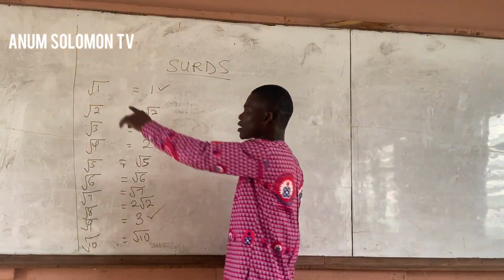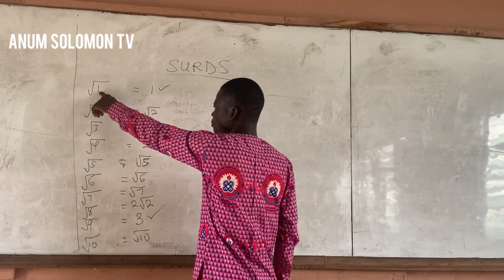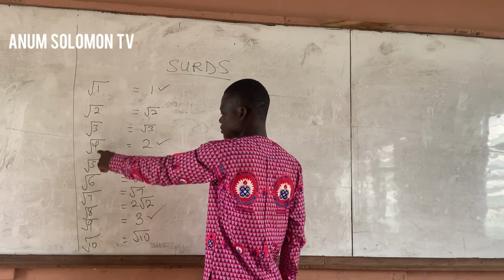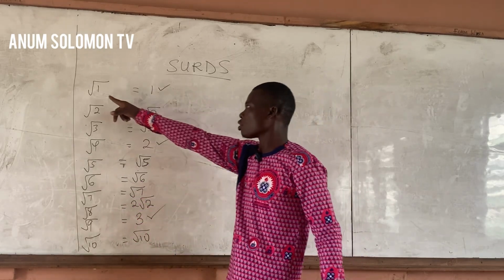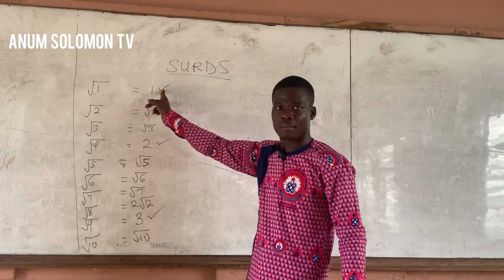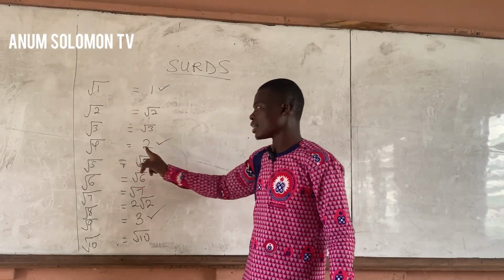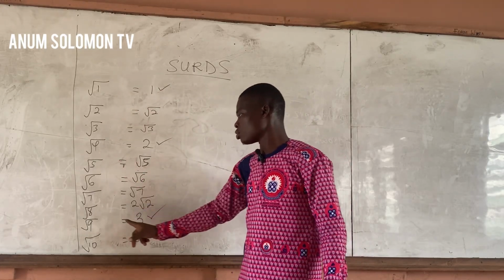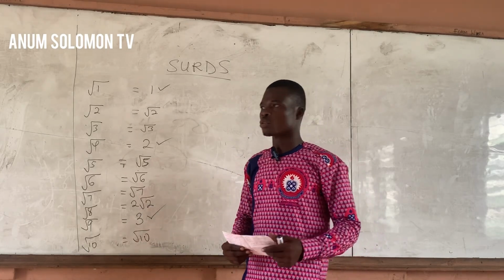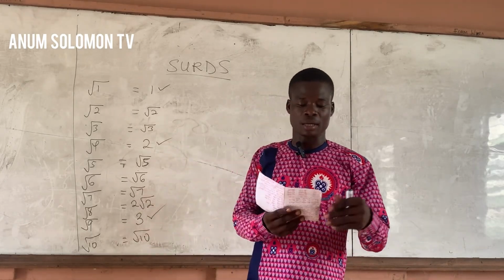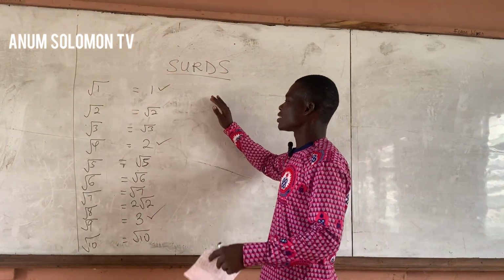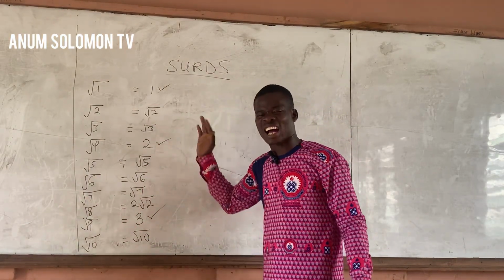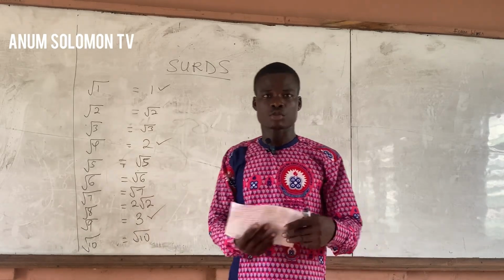So we see that 1 here is a perfect square, 4 is a perfect square, 9 is also a perfect square. That's why when you take square root of 1, you get a rational number. Root 4, you get rational, and root 9 is also a rational. So in simple terms, a surd is a root of rational numbers which are not perfect squares.